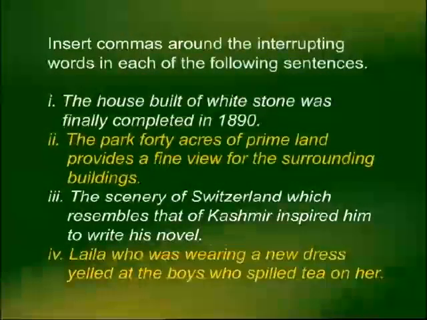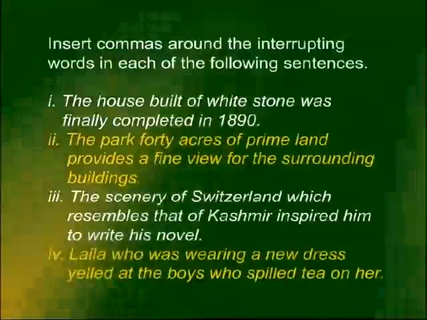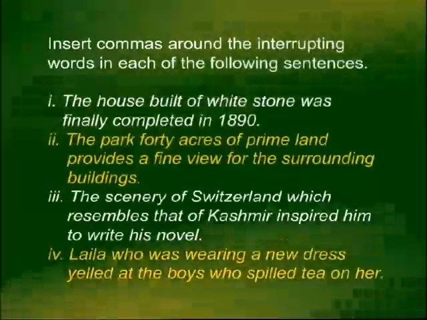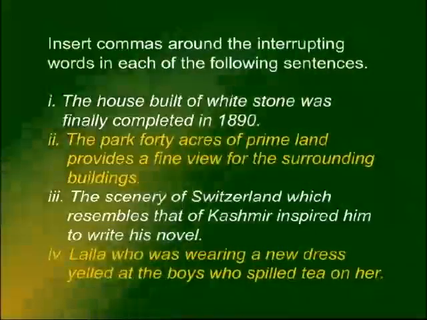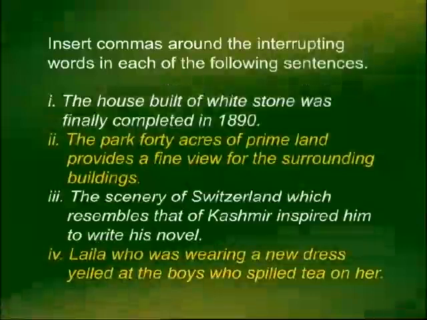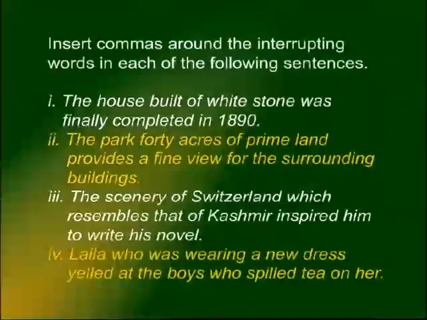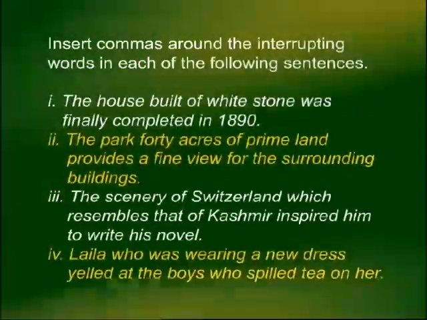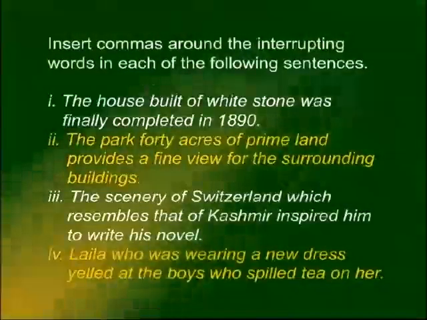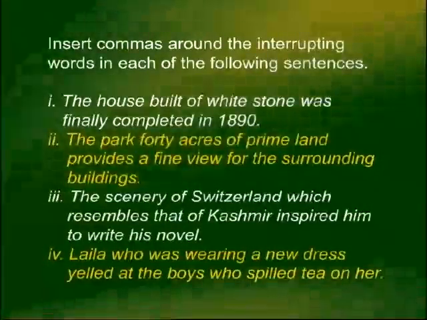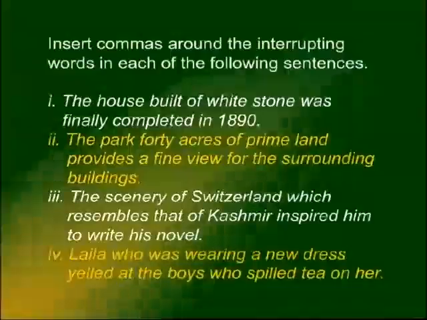And over there, 40 acres of prime land is interrupting the flow of thought. So you would set off that phrase with commas. And number 3. "The scenery of Switzerland, which resembles that of Kashmir, inspired him to write his novel." And it would be the phrase which resembles that of Kashmir that would be set off by commas.